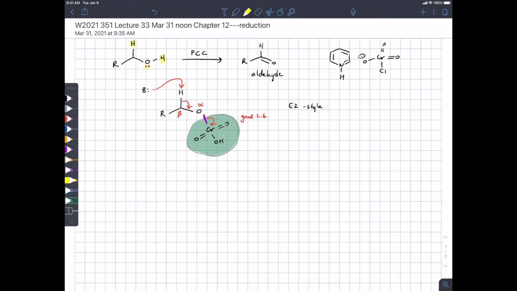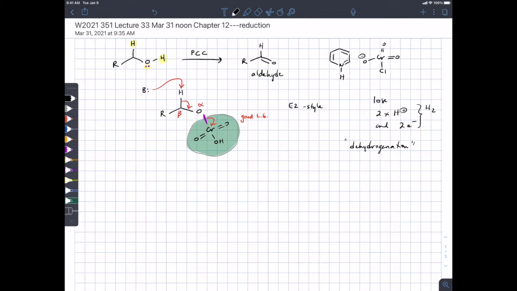So in this oxidation reaction, we lose 2 protons and 2 electrons. So sometimes you'll hear chemists talk about oxidation reactions as dehydrogenation because you're basically losing H2.